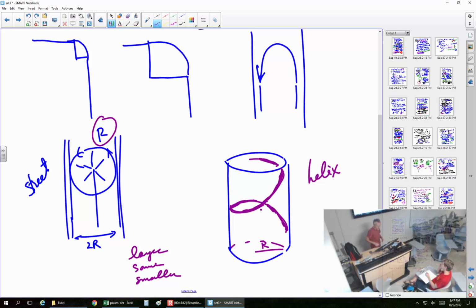To be more specific, it's because you're not driving like this. You're driving up, which means that the circle we just talked about is not horizontal. It will be inclined. So you could fit inside of a smaller cylinder.